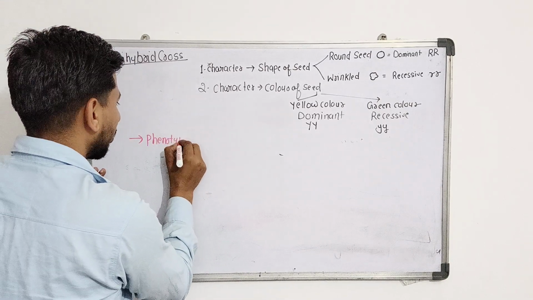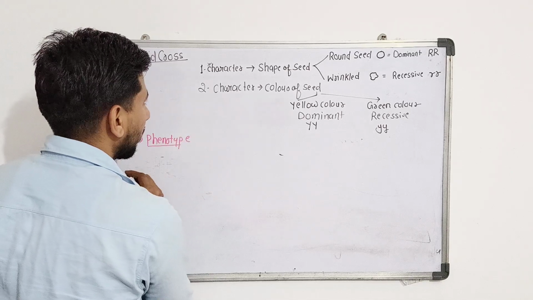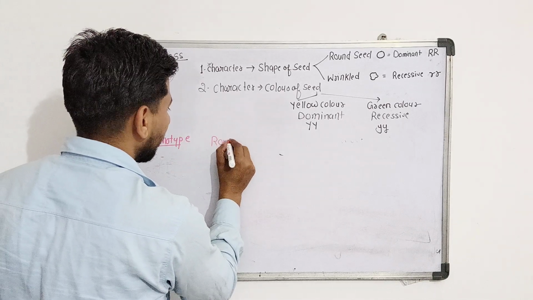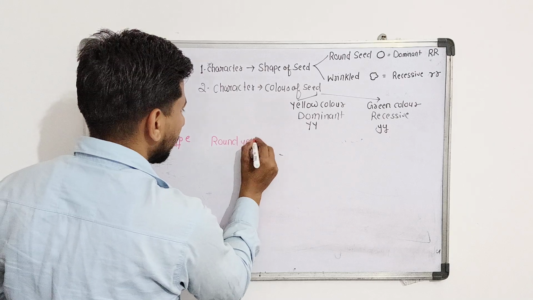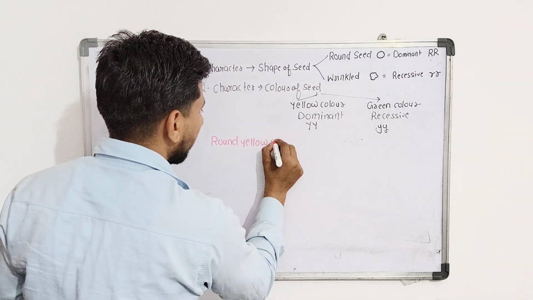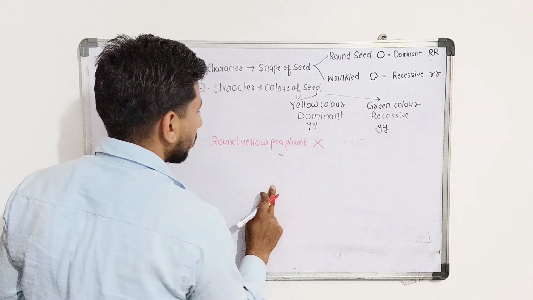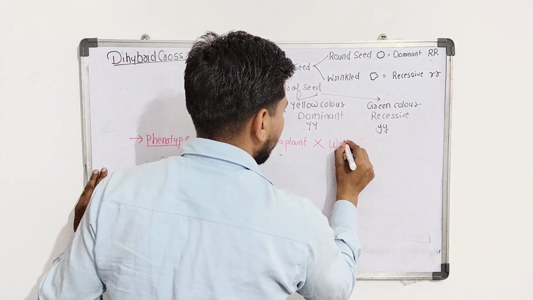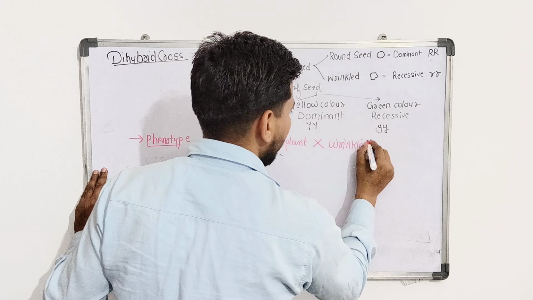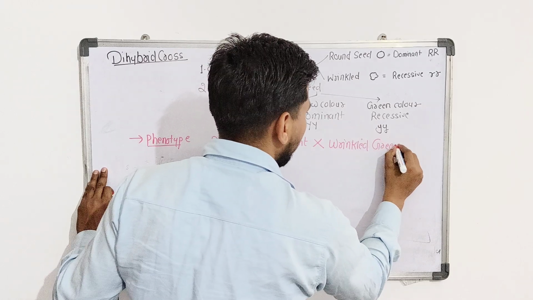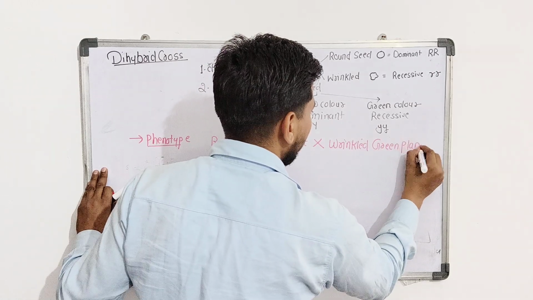So now we will write phenotype. How did Mendel perform this cross? Phenotype: round yellow seeded pea plant was crossed with wrinkled green plant.